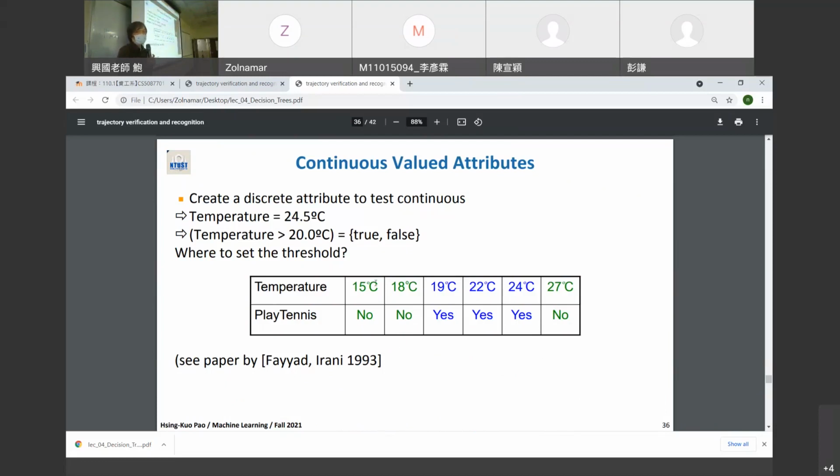Rather than treating it like categorical data, we need to provide a threshold, or a cut point. For instance, the temperature is above this value or less than this value, and we create two branches. Or maybe we have more and more cut points.